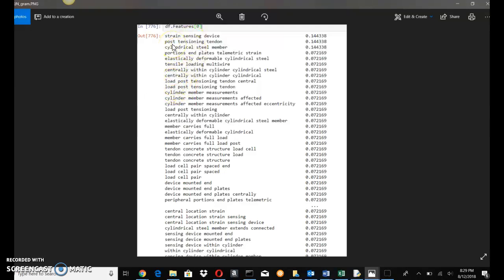The flaw which I would like to point out here is that similar words appear again and again, like "centrally within cylindrical steel" is similar to "centrally within cylinder".